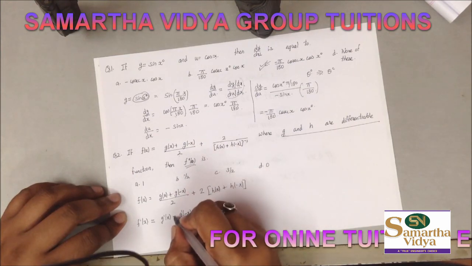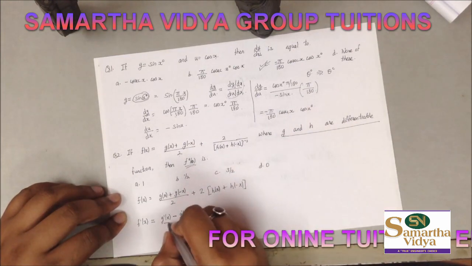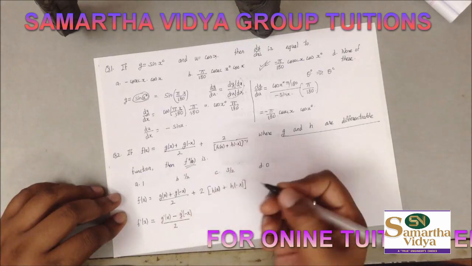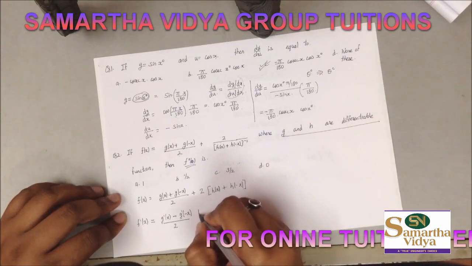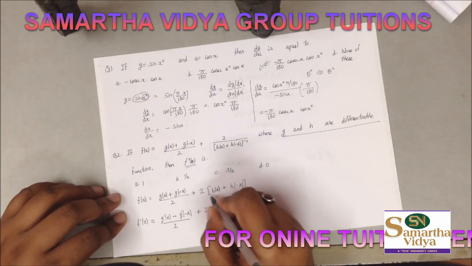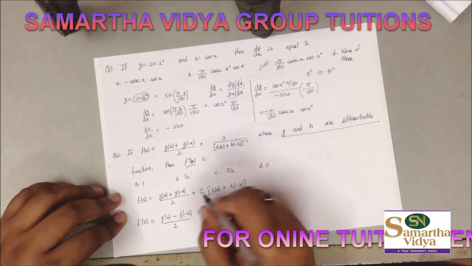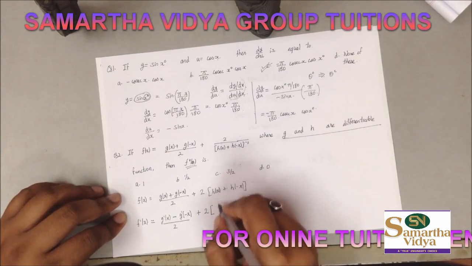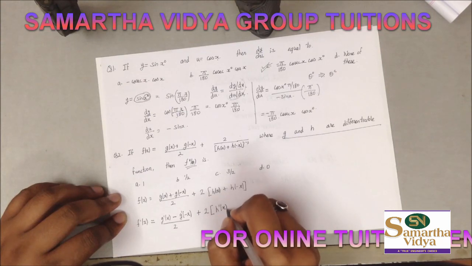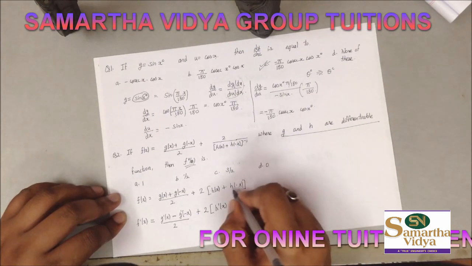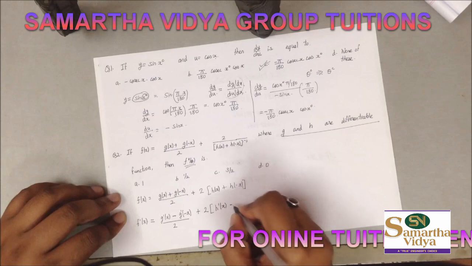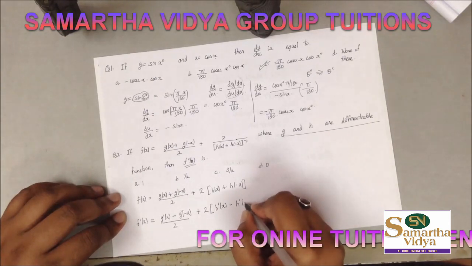So that is why we get this minus term outside, and this 2, which is a constant, remains as it is, plus again in that form, 2 outside, 2 is constant, h of x becomes h dash of x. And here also, just like this, we'll be having minus h dash of minus x.